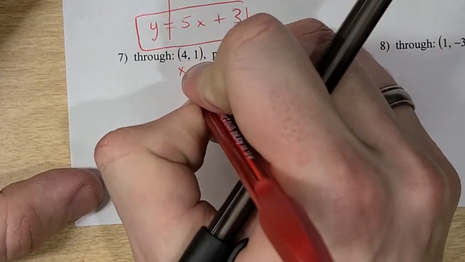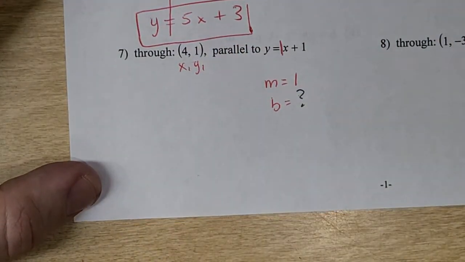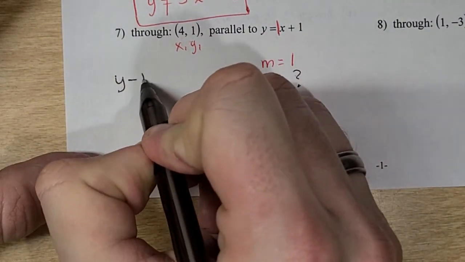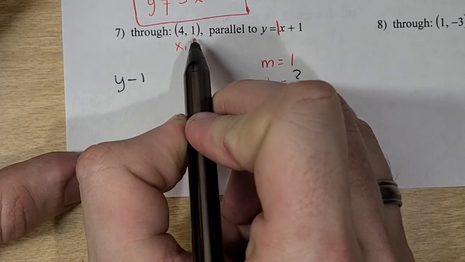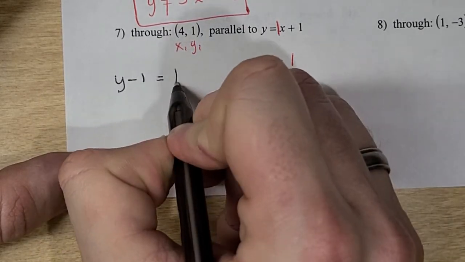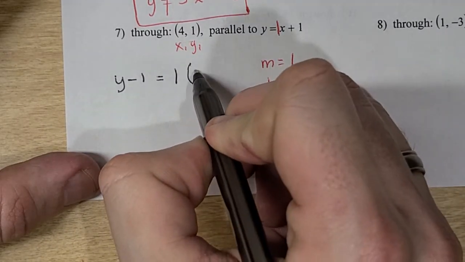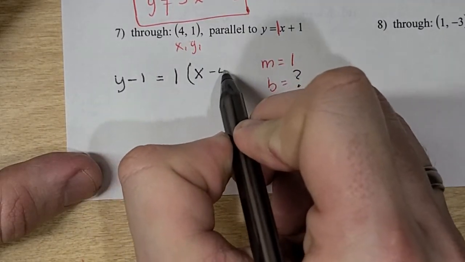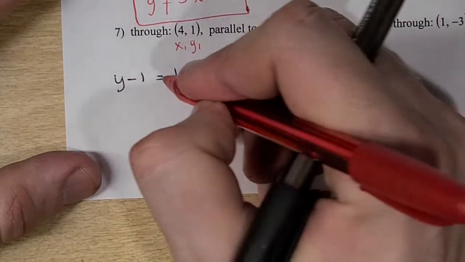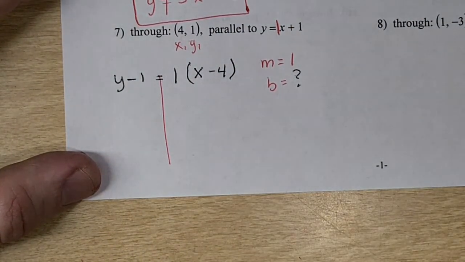So this is my x1 and my y1, my point, right? So y opposite y1. y1 is +1, so I put a -1, equals slope, which is a 1, parentheses x opposite x1. So that's +4, so I put a -4, and now I solve.